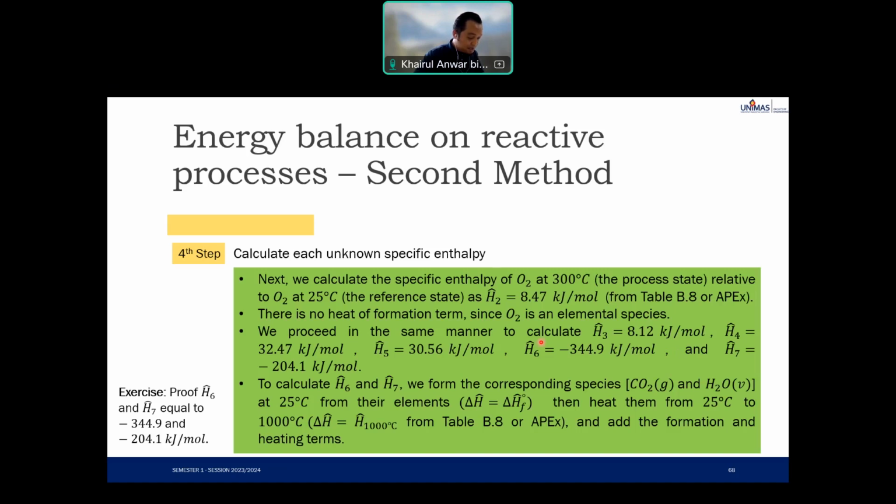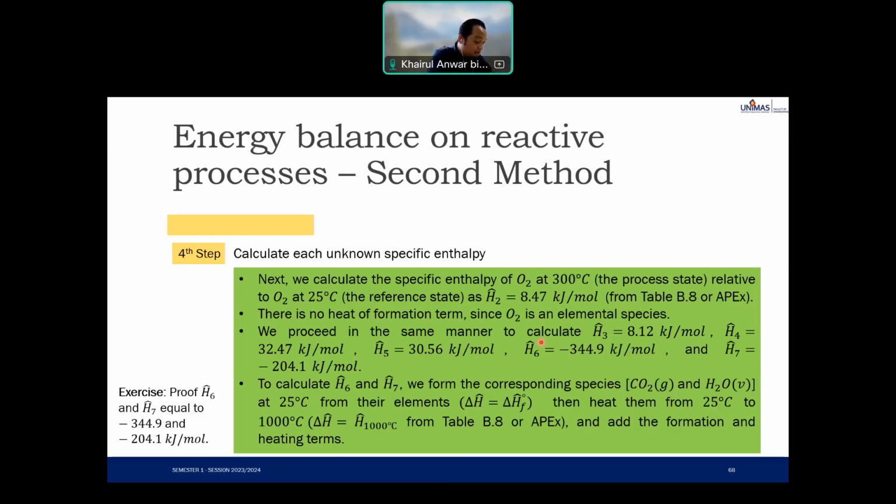CO2 is on page 629. You search the second last column. There are two forms here, liquid and gaseous CO2. So the heat of formation for CO2 is negative 393.5. Write that down. Now, the temperature is from 25 to 1000 degrees C. 25 is the reference state, 1000 is the process temperature, so you need to refer to table B8.